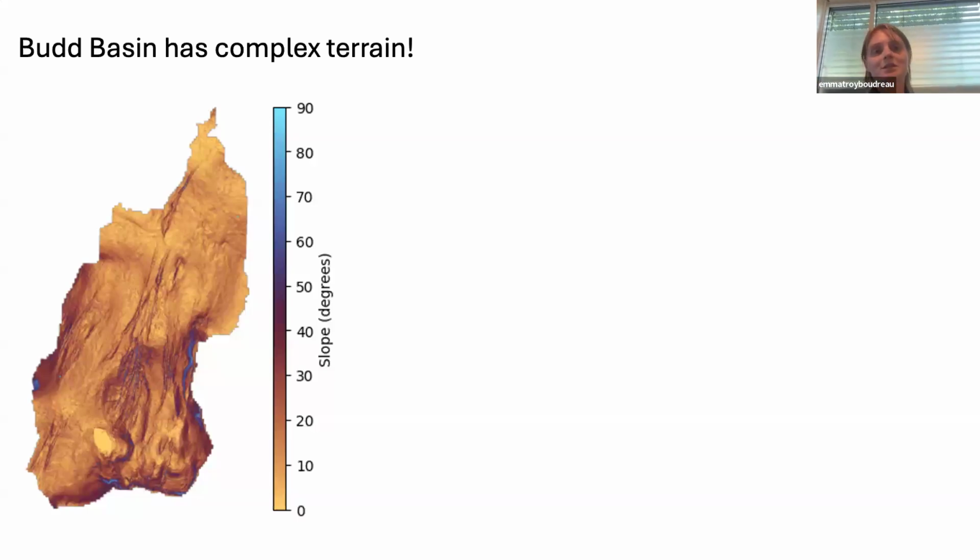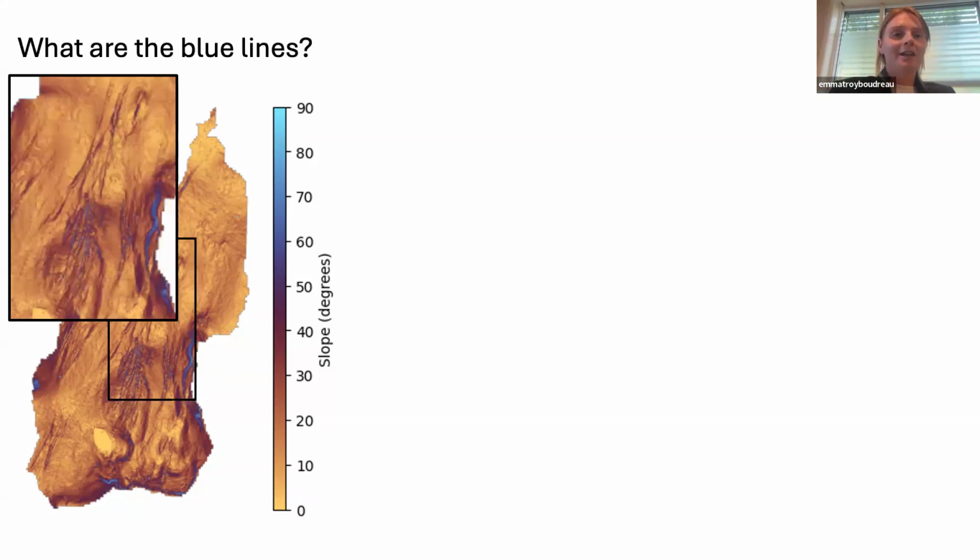Well, Bud Basin is pretty complex terrain, and we can look at it right here. This is the surface slope of a 3-meter digital elevation model of Bud Basin, and we can ask, what are these blue lines? What's this purple?